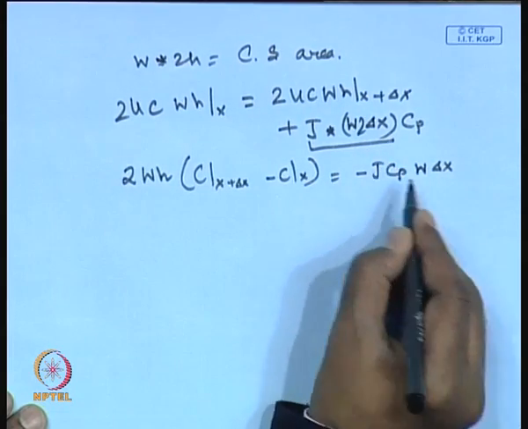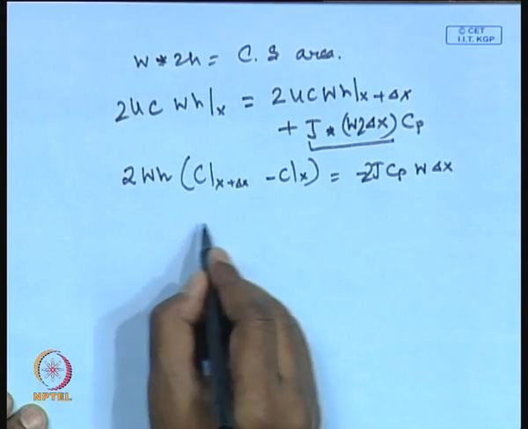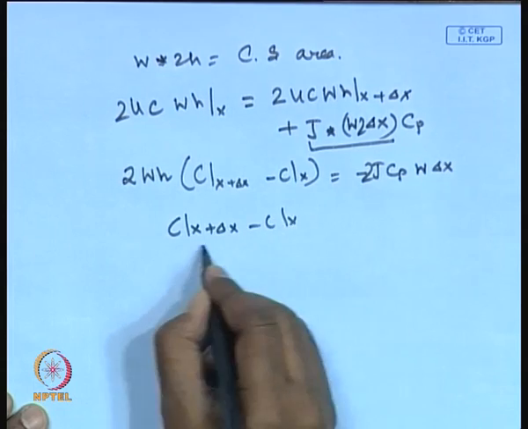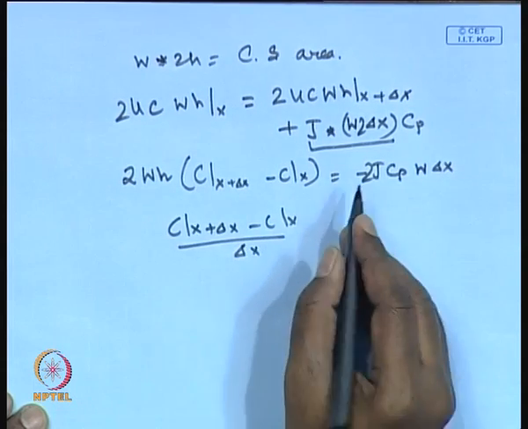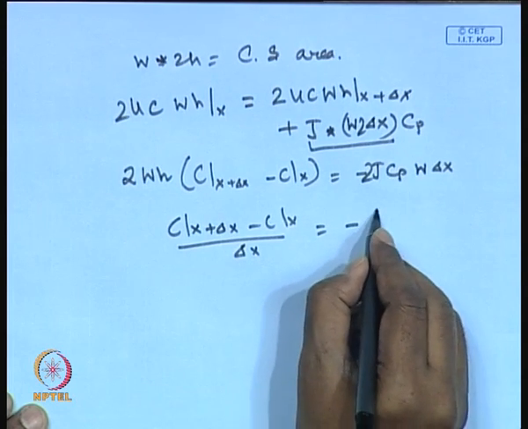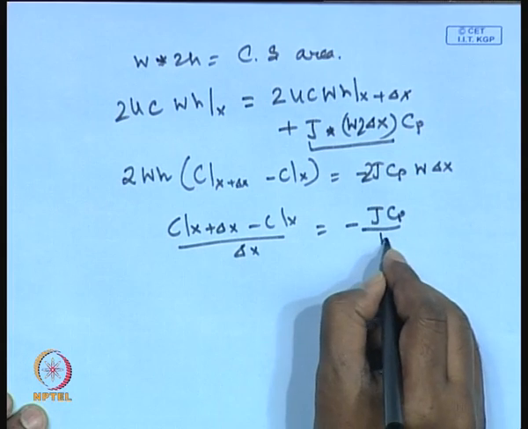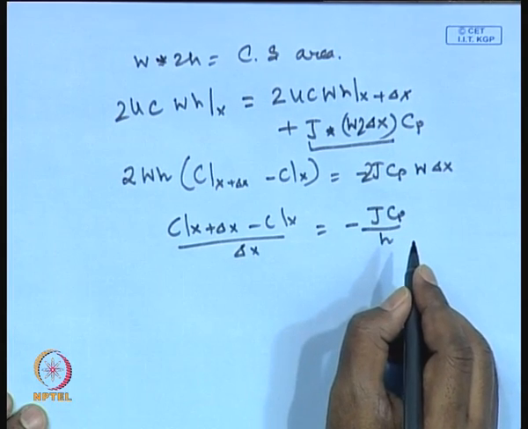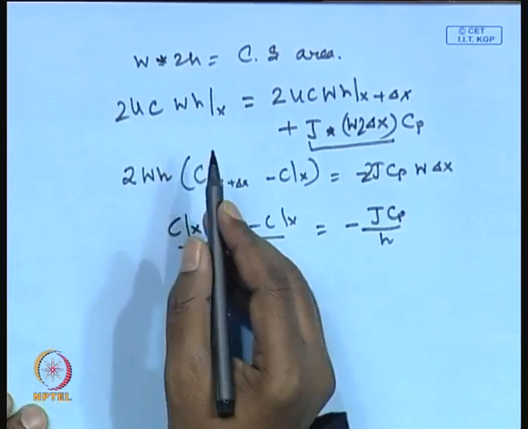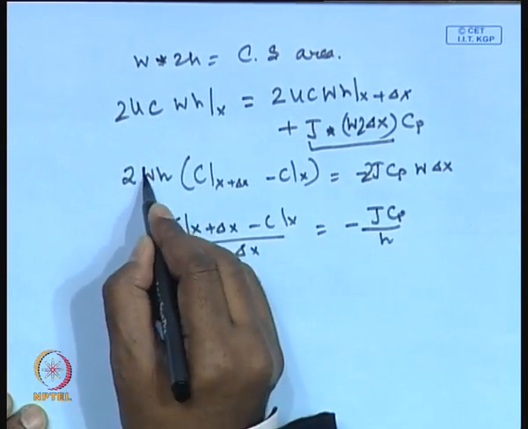So, your 2 W will be cancelling. So, this becomes C at x plus delta x minus C at x divided by delta x is equal to minus J Cp divided by H. Right, u C, right here, no, instead of W it will be u.